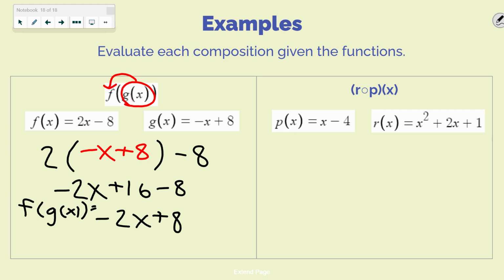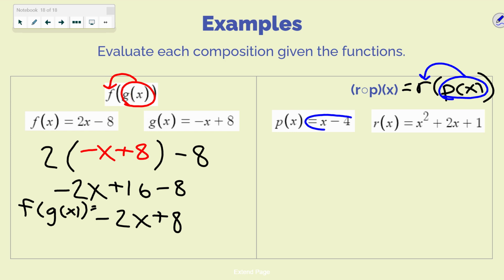So next up we have r of p of x. Like I said, take an extra second and rewrite it as r of p of x in that format. Looking at what we have, all the way inside, that's our input, p of x, and I'm going to input it into the r function.